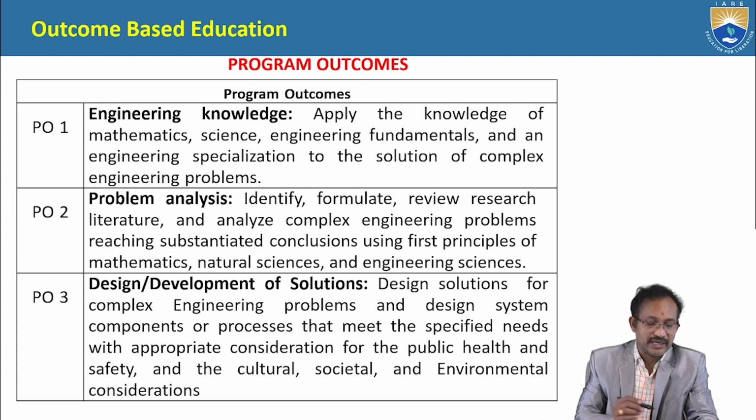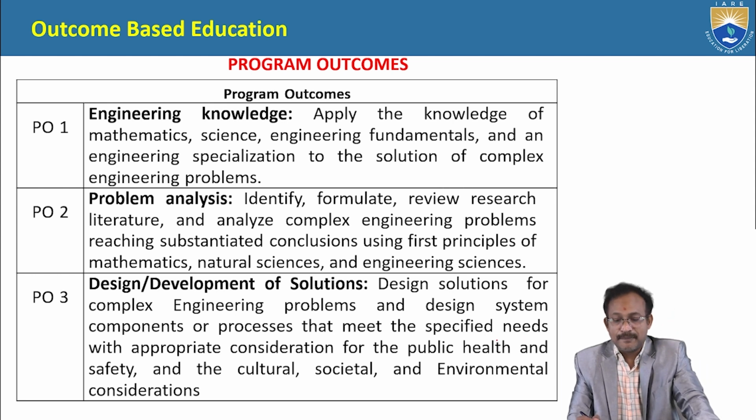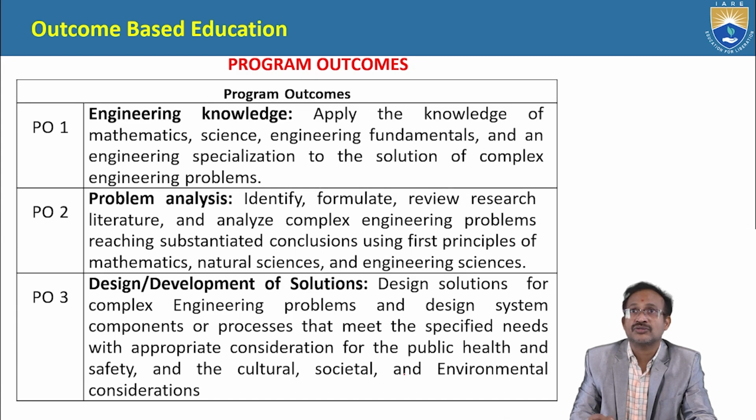PO3, design and development of solutions: the student should be able to design solutions for complex engineering problems and design system components or processes that meet the specified needs with appropriate consideration for public health and safety, and the cultural, societal, and environmental considerations.